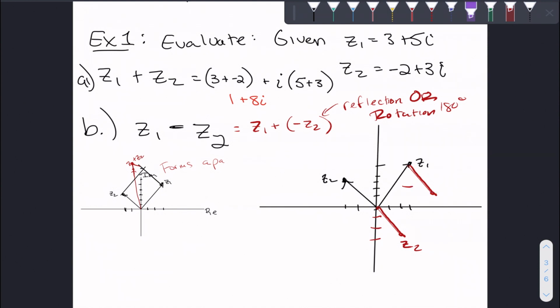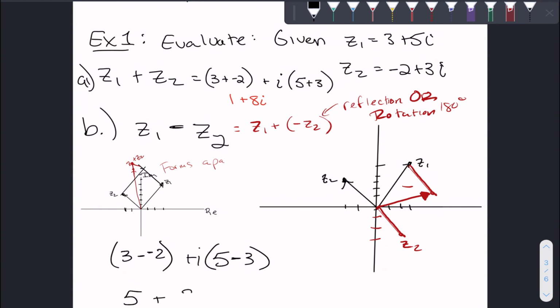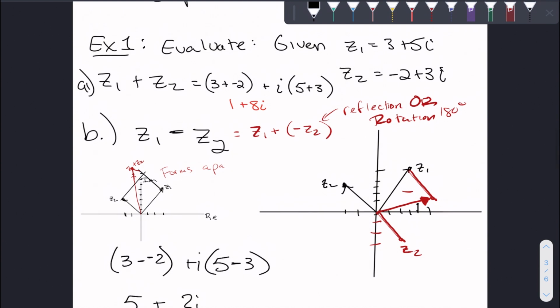And so the answer should be here. Algebraically, it's a lot easier to see that it's just 3 minus a negative 2, that's my real component, plus 5 minus 3 with an i in front, which gives me 5 plus 2i. 5 plus 2i is what we see with this opposite side of my parallelogram.